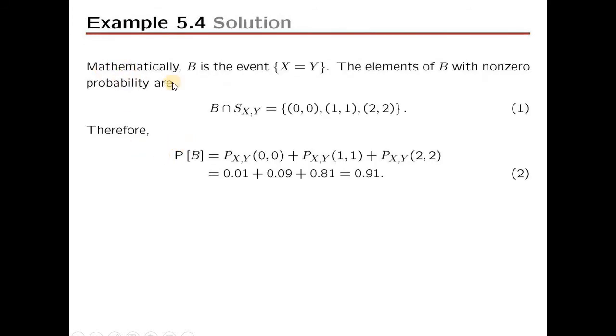Mathematically, B is the event when X equals Y. The points of B with non-zero probability are those where X equals Y, so we have (0, 0), (1, 1) and (2, 2). Using the theorem, we plug in the values, add the probabilities, and come up with 0.91.